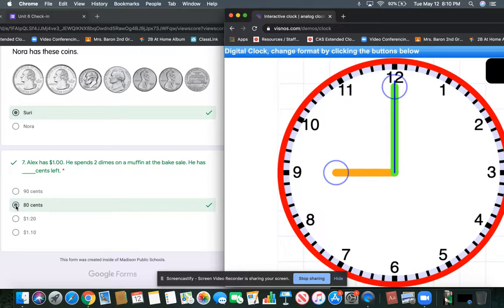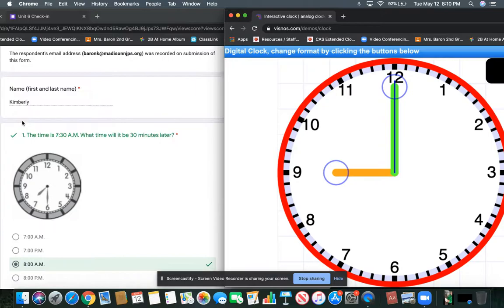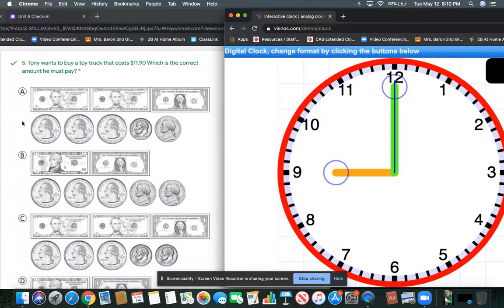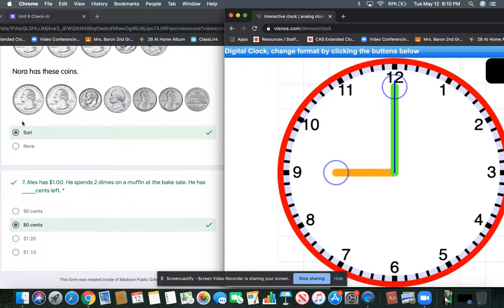Okay. So I do believe that when you filled this out, it told you the right answers. If not, this should help you review these ideas. If you're still finding some things tricky, you can go back and look at the websites and the lessons that we've done over the last few weeks. This was a really good one.